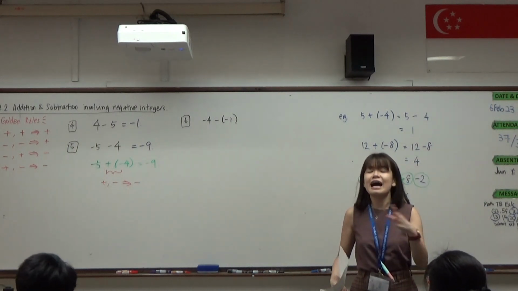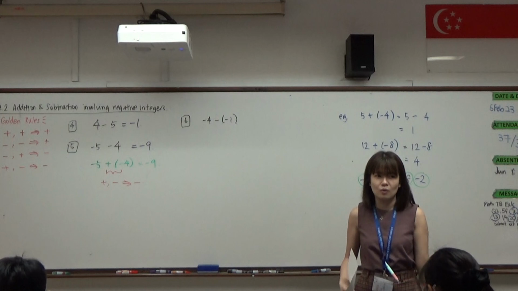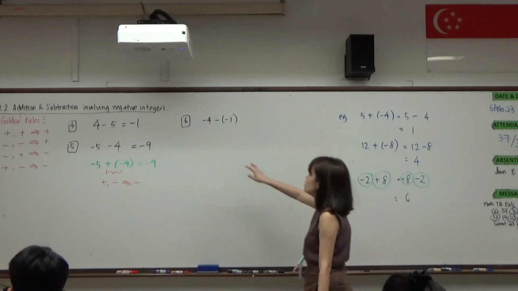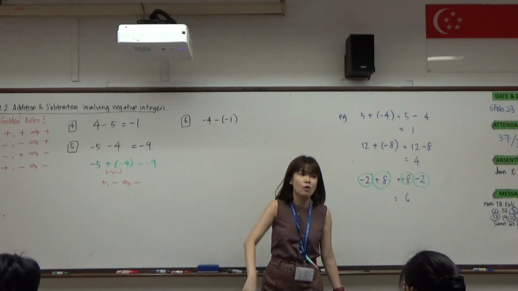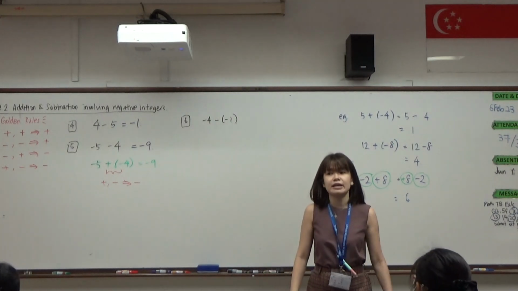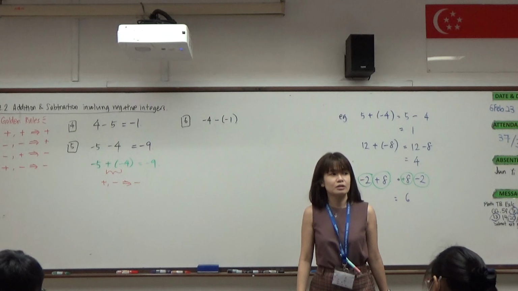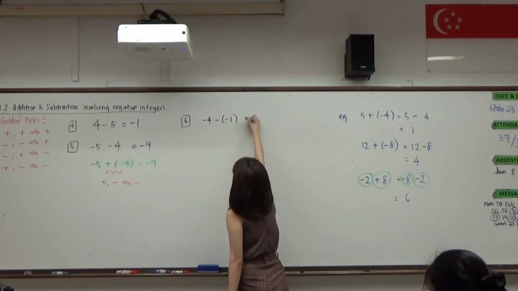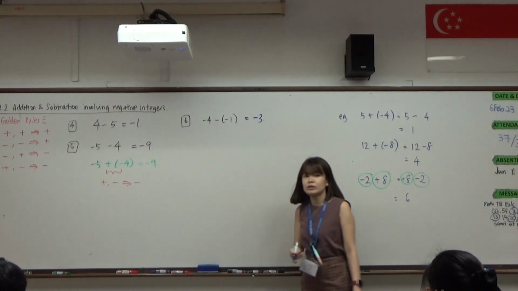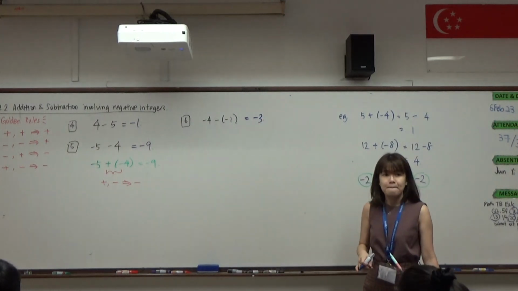So she discounts away $1 from it. So -4, discount away -1 that I owe. At the end of the day, how much do I owe her? $3, right? So therefore, this will be owing her $3, so -3.